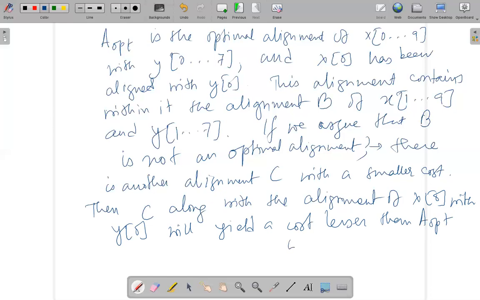Now this is a contradiction, because we have assumed that A opt is the optimal alignment which will result in the smallest cost. Therefore, B must also be an optimal alignment.